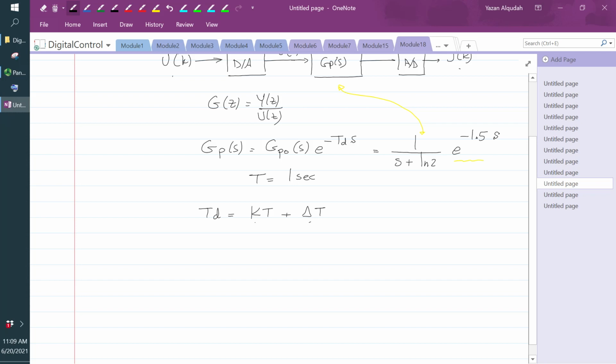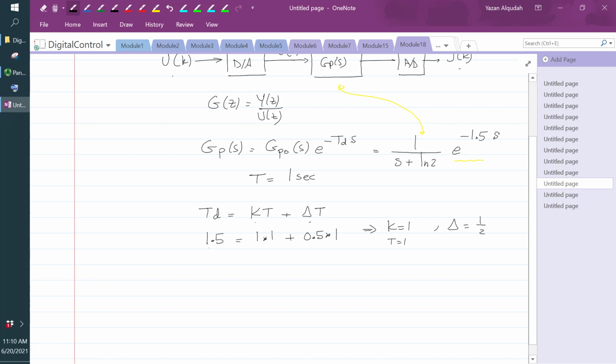Now if t delay is equal to 1.5, and if t is equal to 1, then I can write this as 1 multiplied by 1 plus 0.5 multiplied by 1. And therefore, 1.5 is equal to 1 plus 0.5. Therefore, k is equal to 1 and delta is equal to 1/2, and t we said is equal to 1.